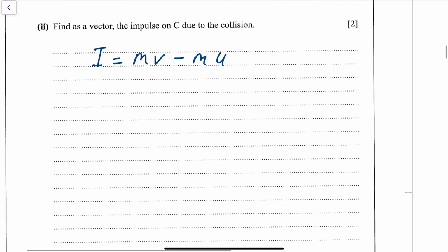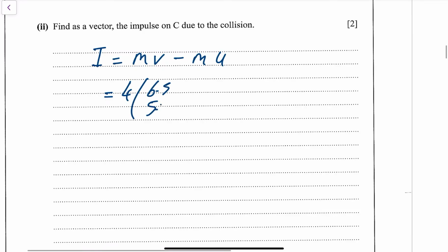So our impulse, let's just fire these things in. Mass was 4, the final velocity was 6.5i plus 5.2j, minus 4 times my initial velocity, 5i plus 4j.